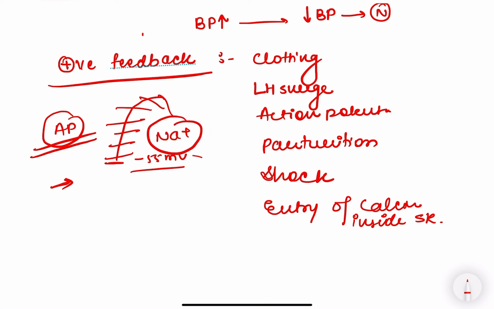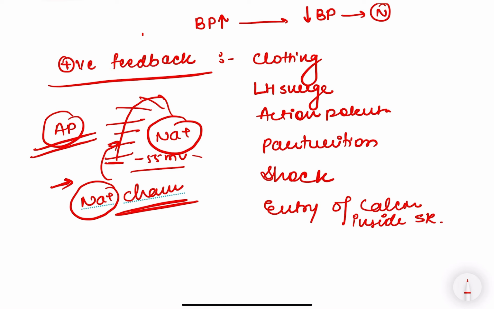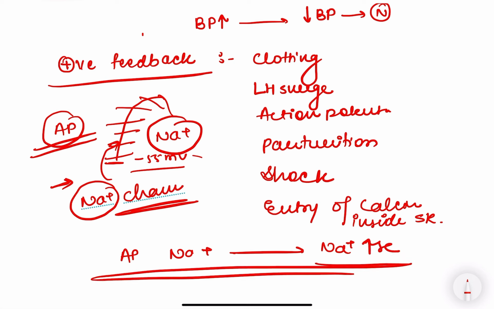So the initial slow movement of sodium stimulated the fast opening of sodium voltage gated channels. So this is positive feedback. Initially the sodium influx was slow, and after some time that sodium influx was increased. So this is all about positive feedback.